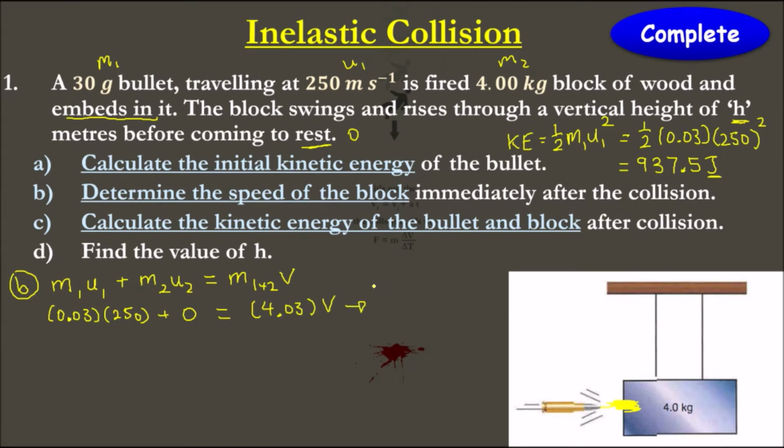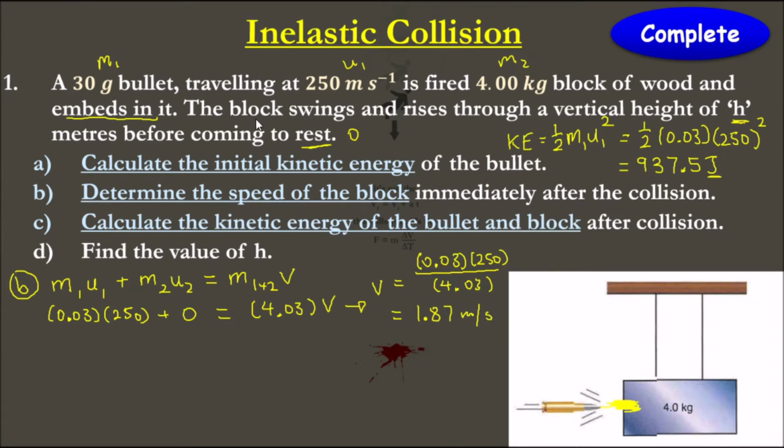So in this case, v is equal to 0.03 multiplied by 250 over 4.03, and that gives us an overall velocity of 1.87 meters per second.